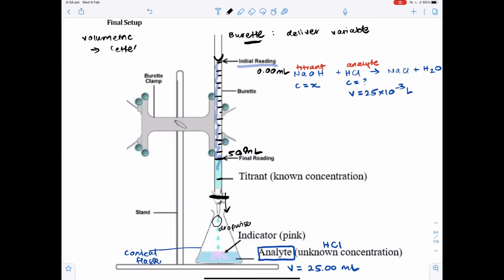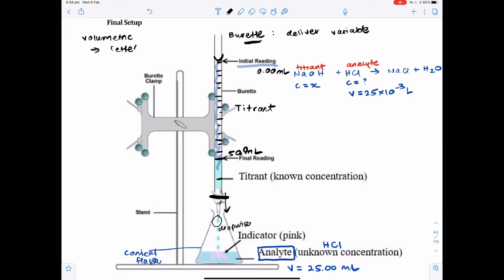Okay. Now, what you're all going to be doing is turning that stopcock and delivering our solution from the burette. Now, everyone, if our analyte's in the conical flask, who's sitting in the burette? Alphys, who's sitting in the burette? Would it be the NaOH? Good, which is called the titrant. Good.